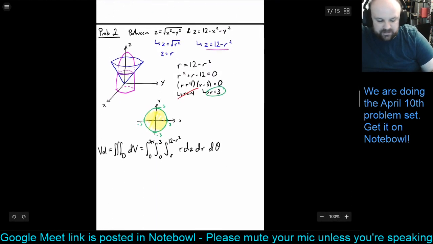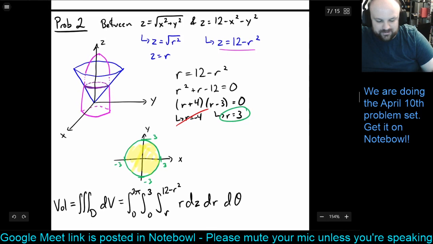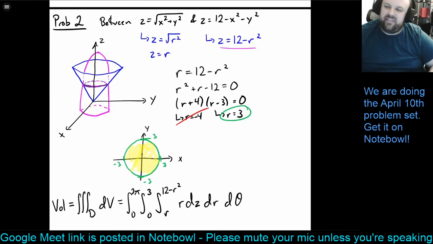And it just wouldn't be that fun to try and do in Cartesian. Might be possible, but I don't know. Any questions about this problem?